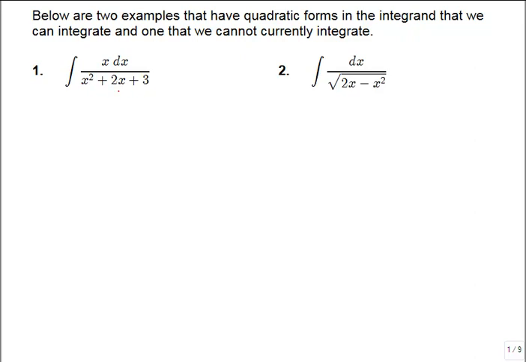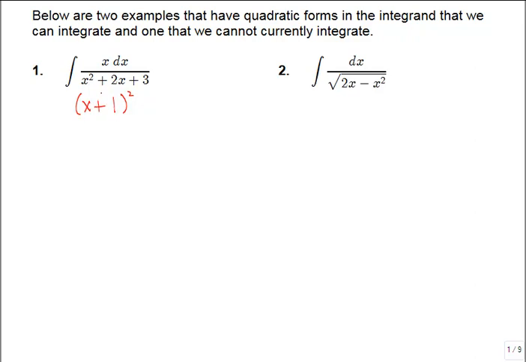But we can put it in a slightly different form if we do a process called completing the square. So let's try that on this denominator, x squared plus 2x plus 3. If I take these first two terms, x squared plus 2x, and I try to factor them into a quantity squared, I would have to have inside these parentheses an x and a plus 1.